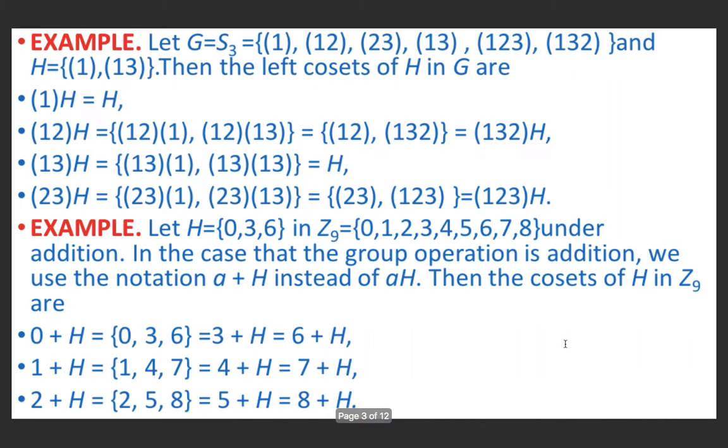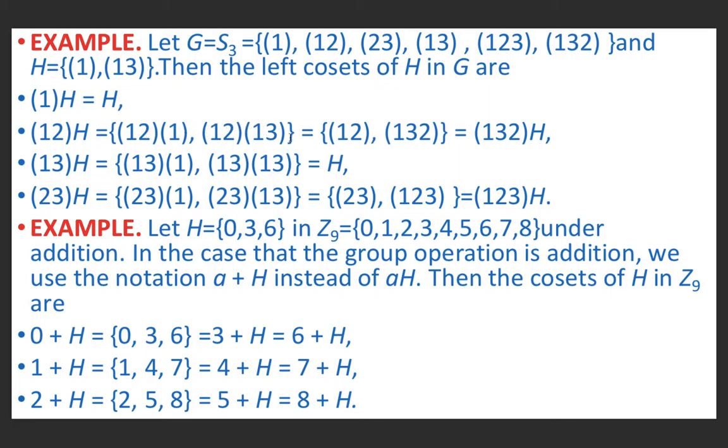We consider an example of a symmetric group and the set H equal to {1, (1 3)}, and we will find the left cosets of H in G. For the first left coset, 1 into H, we have H because 1 is the identity permutation. And (1 2) into H is {(1 2) into 1, (1 2) into (1 3)}.